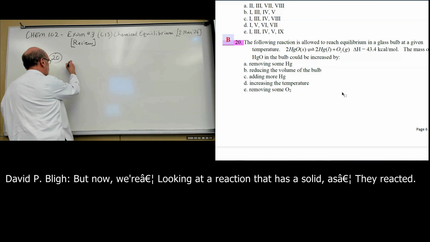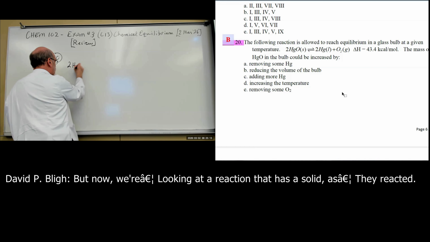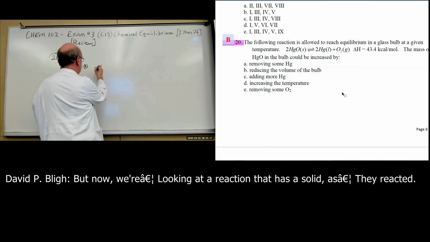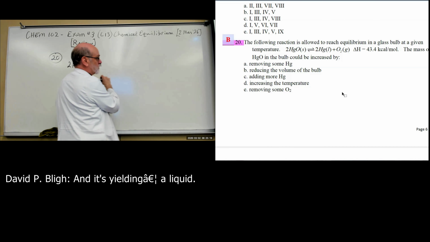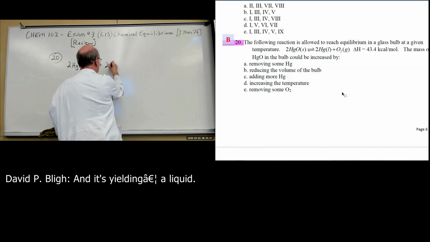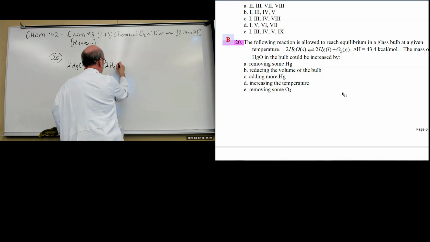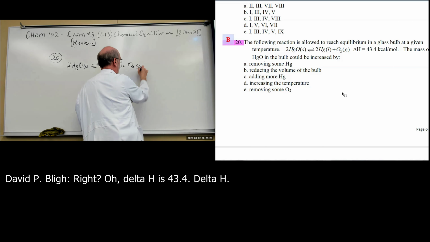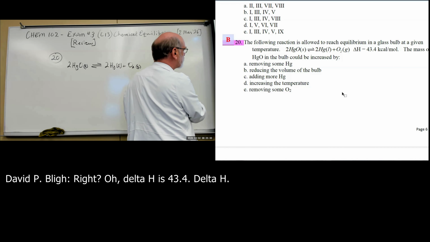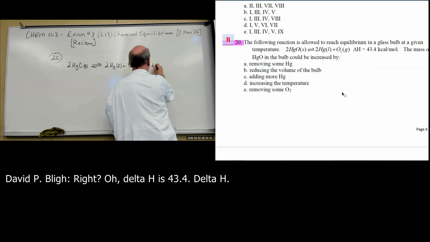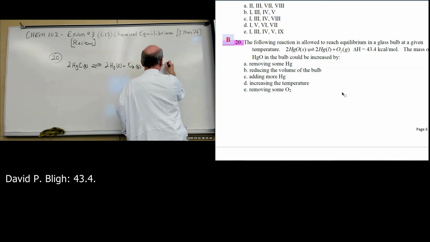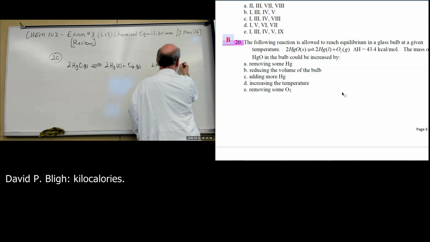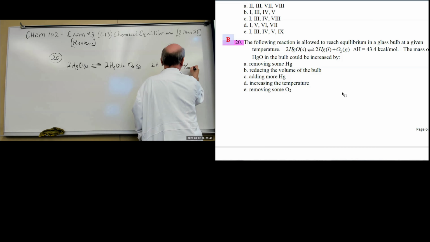But now we're looking at a reaction that has a solid as a reactant, and it's yielding a liquid plus a gas, right? Oh, and delta H is 43.4 kilocalories per mole.